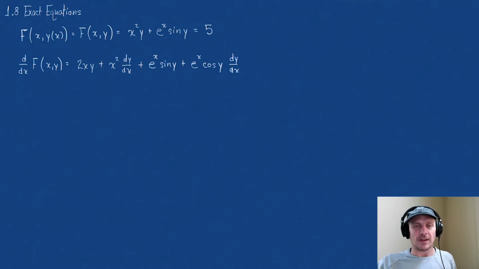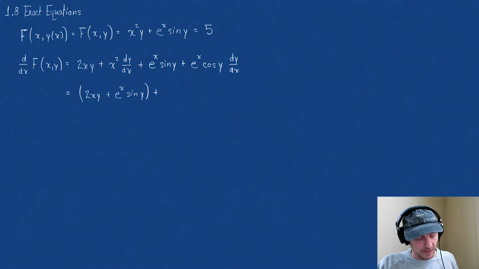Now, let's rearrange these terms by the dy dx. So I'm going to regroup these. The first group, we'll take the terms without dy dx. So I have a 2xy plus e to the x sine of y.